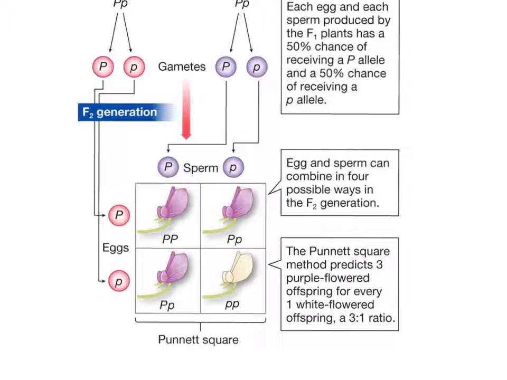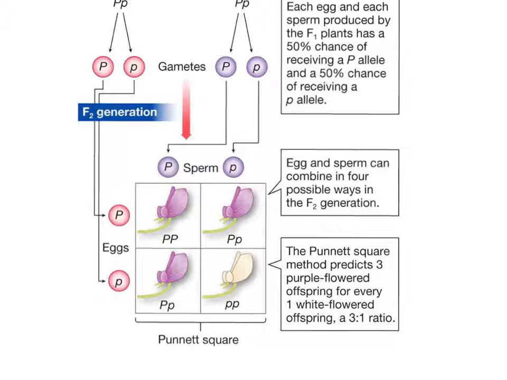Okay. Egg and sperm can combine in 4 possible ways in the F2 generation. Now remember, in meiosis, you're producing haploid gametes that are either sperm or egg, or in this case, egg or pollen, ovary or pollen.